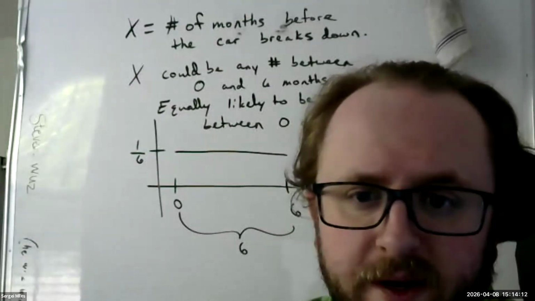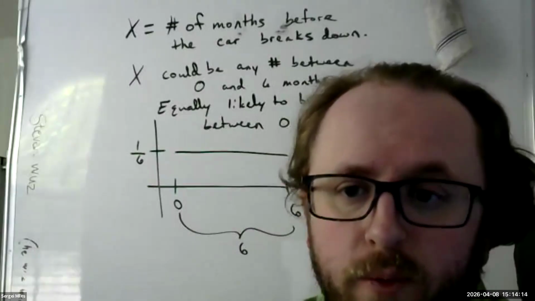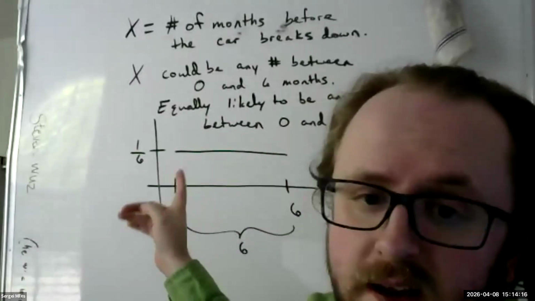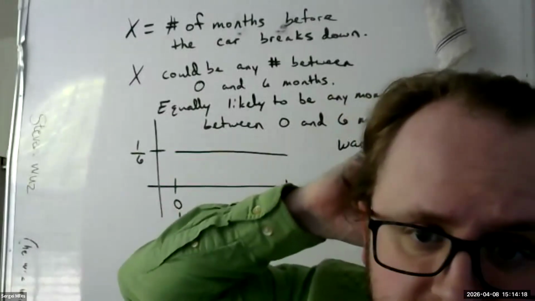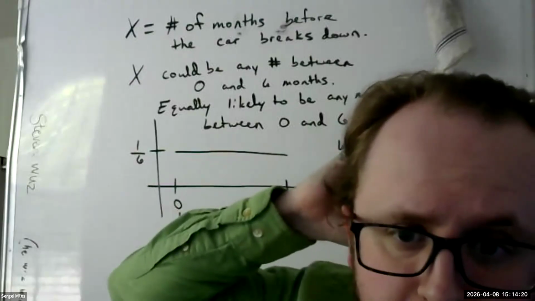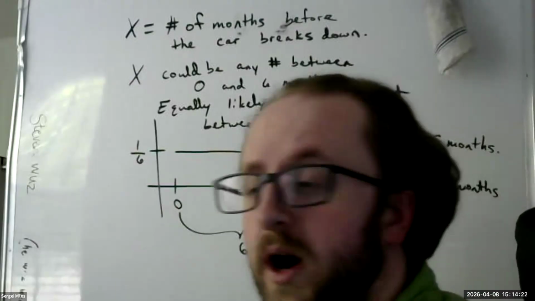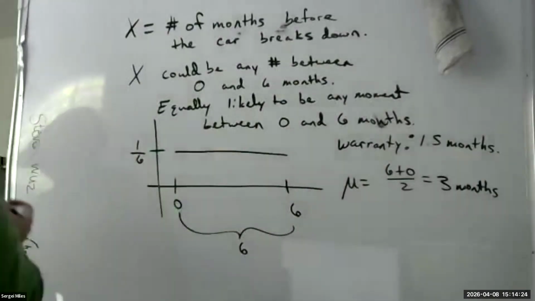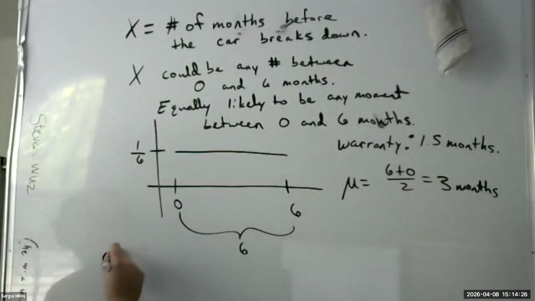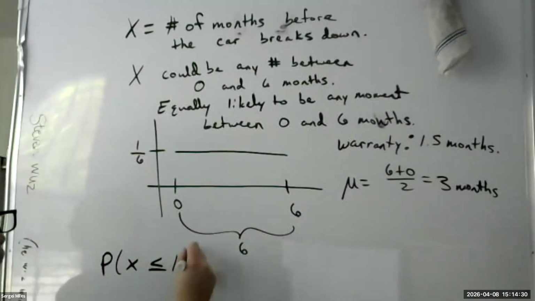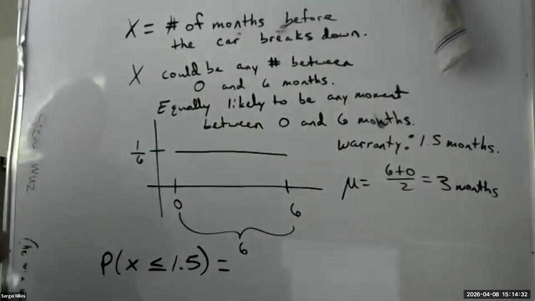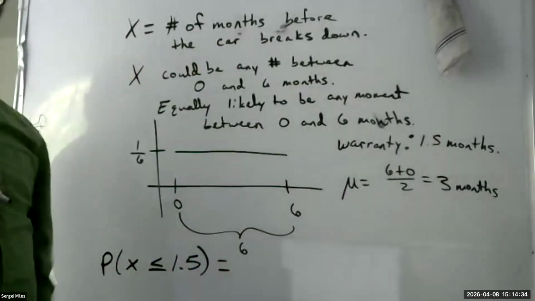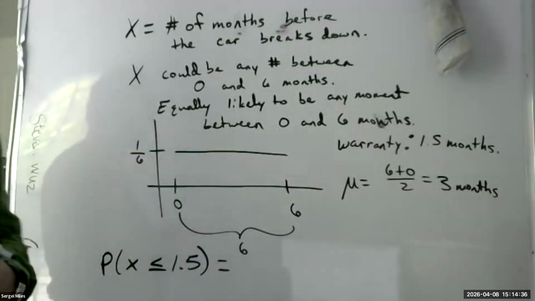This is for participation day 13, where we're dealing with the same car salesman. And now the question asks, calculate the probability that the car will break down while it's under warranty. In other words, find the probability that X is less than or equal to 1.5, right? If X is the number of months before the car breaks down.